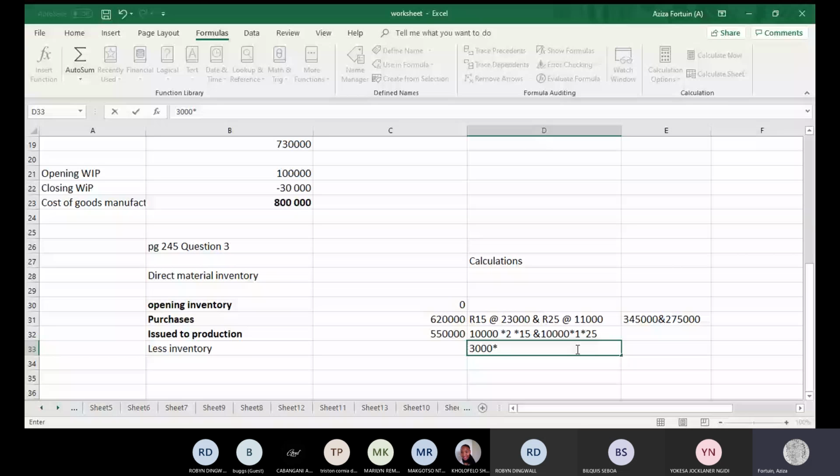You understand what I mean, Robin? No, I'm lost. There's 3,000 casings on hand, and it's 15 rand a casing. So we've got 45,000 rand worth of casings left on hand. That's as simple as it is.